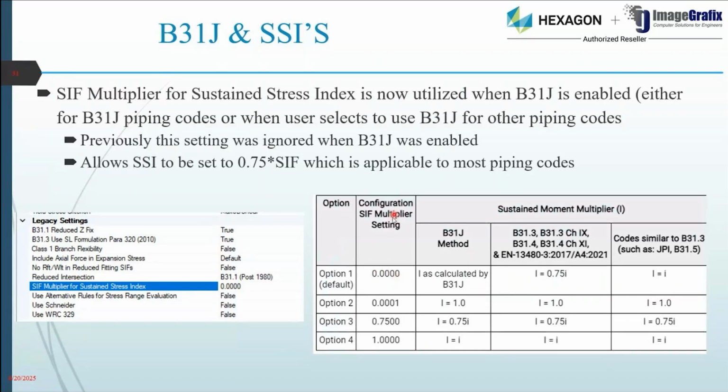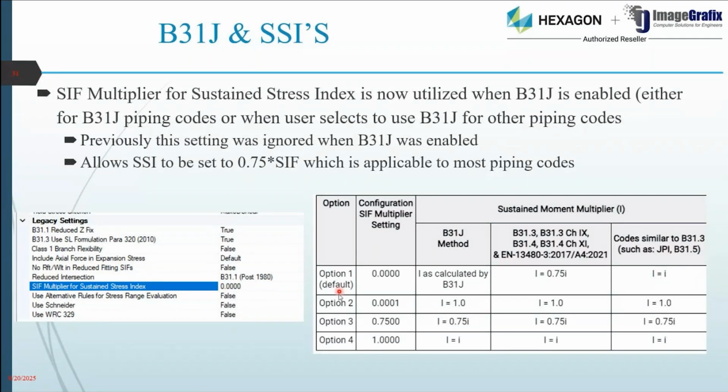So whenever the configuration SIF multiplier setting is 0, the B31J method is as calculated by B31J for your B31.3, B31.1, everything, 0.75 times your i, and with B31.3 such as JPI and B31.5 we have i equals SSI, SSI equals SIF. Now there are some other values.